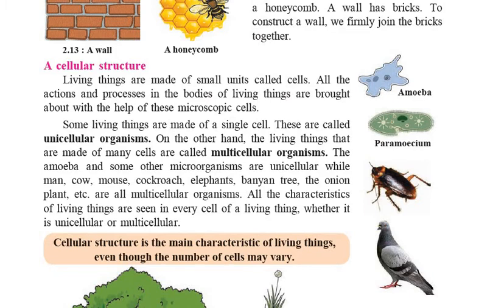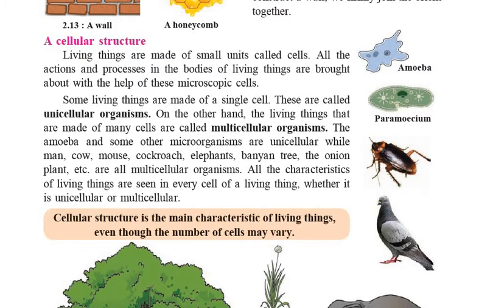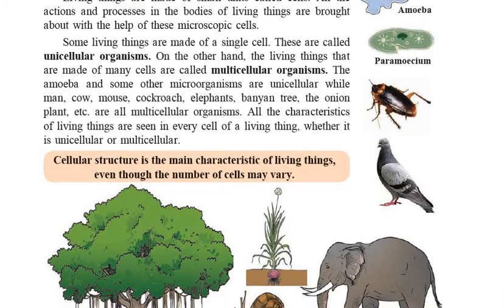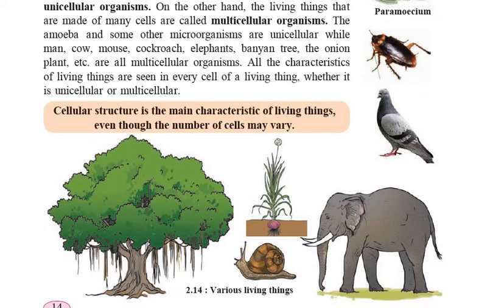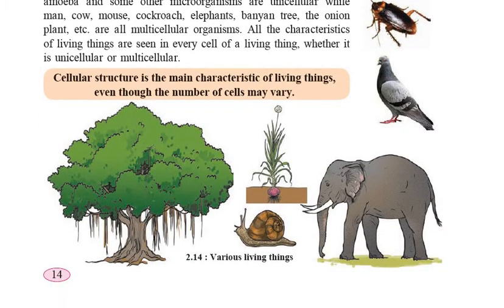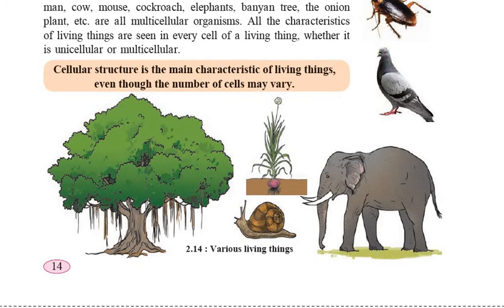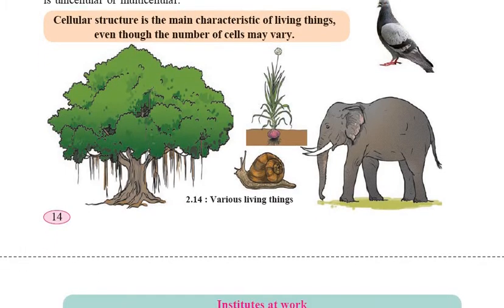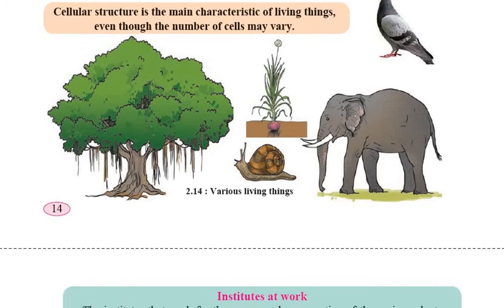The amoeba and some other microorganisms are unicellular, while man, cow, mouse, cockroach, elephants, banyan tree, the onion plant, etc. are all multicellular organisms. All the characteristics of living things are seen in every cell of a living thing, whether it is unicellular or multicellular. Cellular structure is the main characteristic of living things, even though the number of cells may vary.